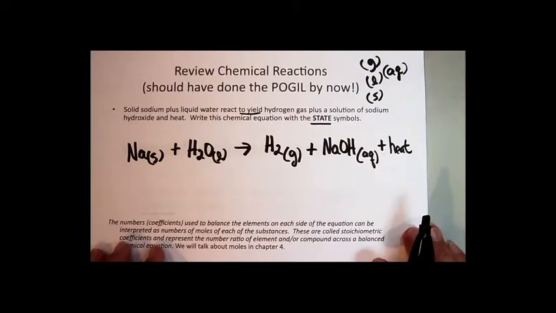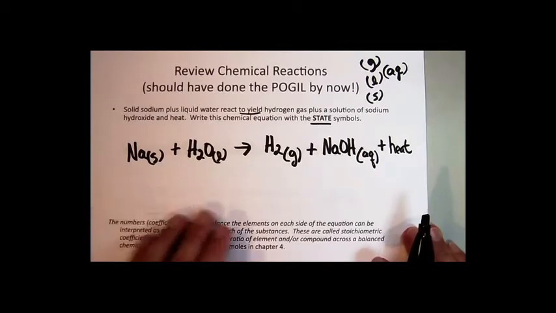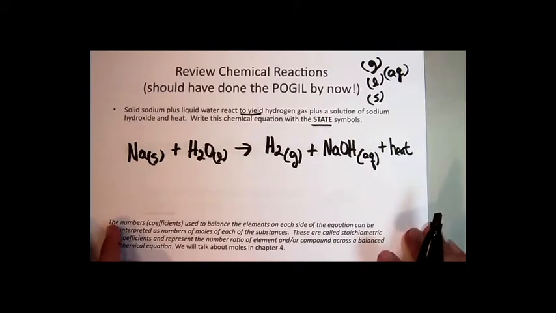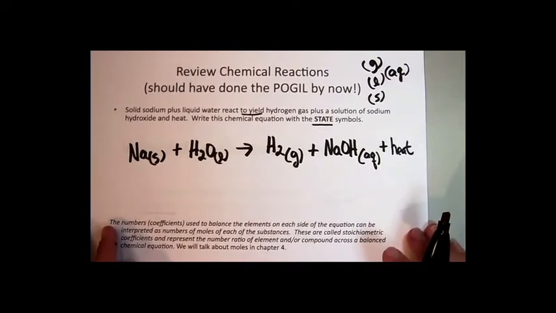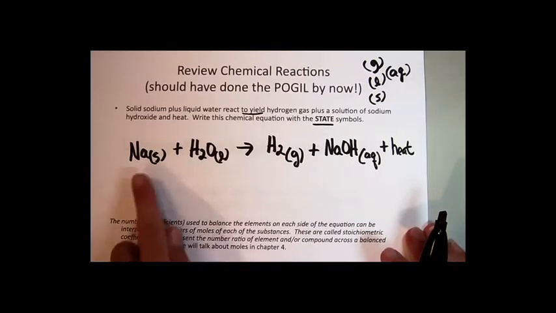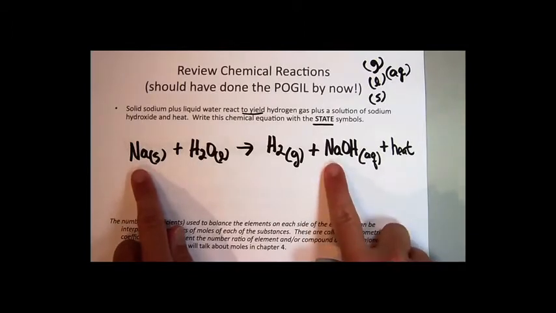All right, so once you correctly write down all of the components, the elements or the compounds, then you have to take a step back and look at it and ask yourself, does it follow the law of conservation of matter? That is, is it balanced? And so you just go through and look, okay, sodium, one sodium, one sodium.